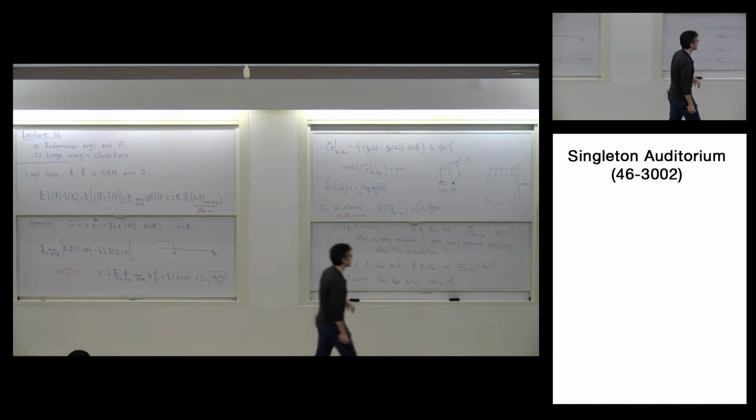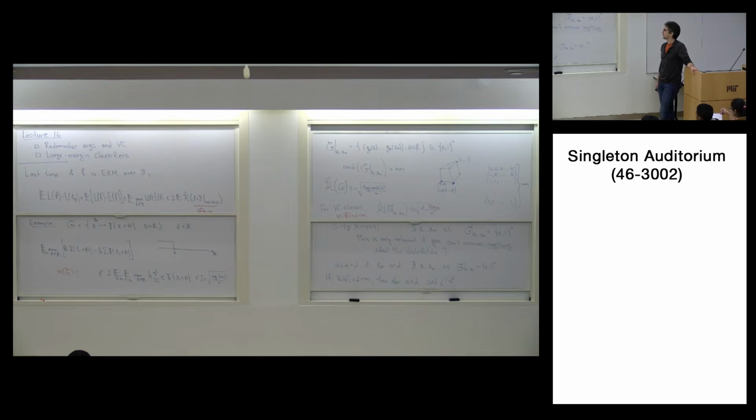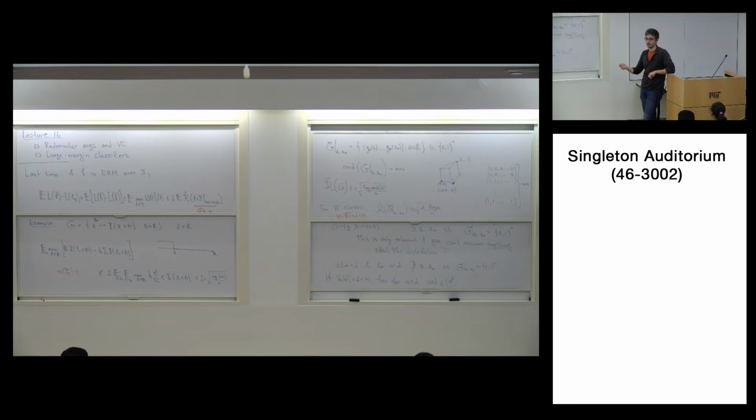So that's the story for the VC theory. A couple of remarks. Often, the VC dimension is the number of degrees of freedom, if you wish, roughly speaking, but that's not always the case. One example is if you take the sign of sine of x over alpha and vary alpha.